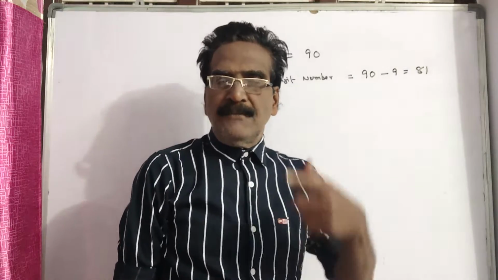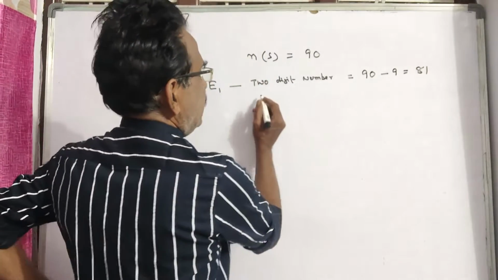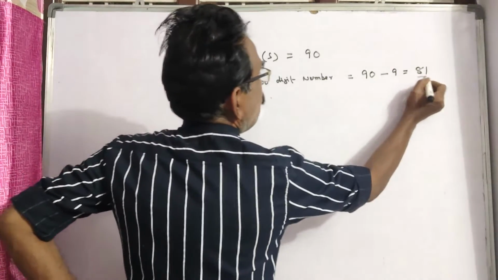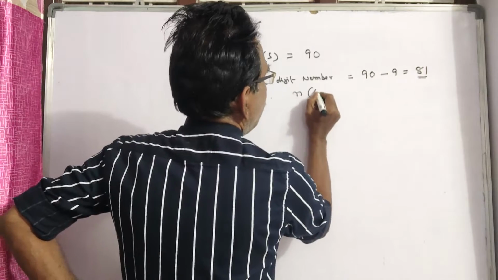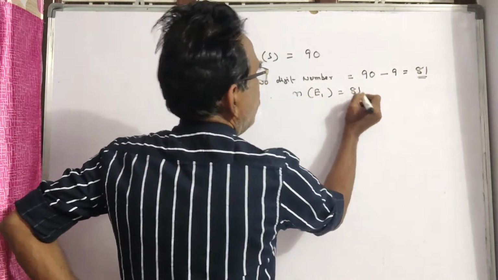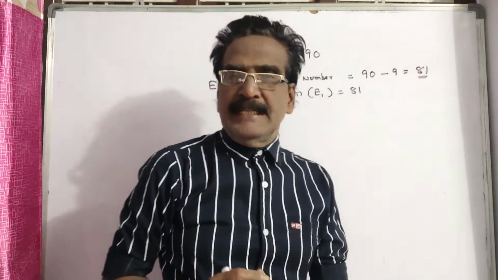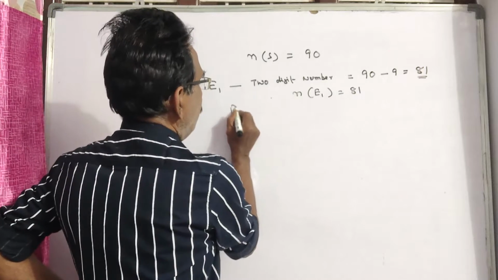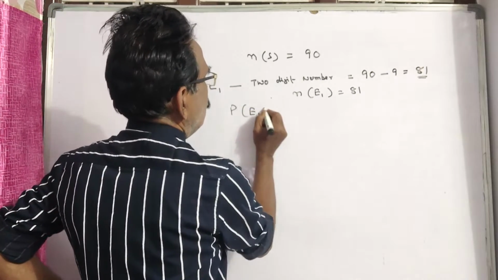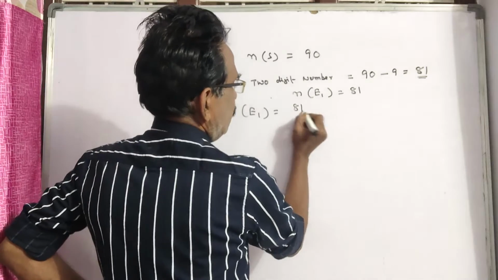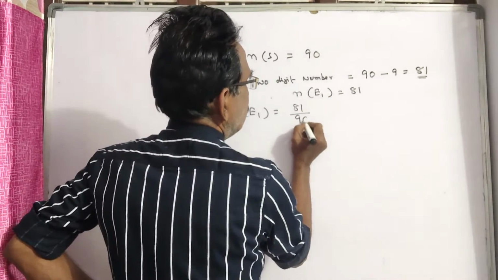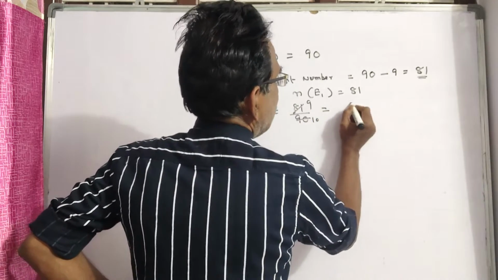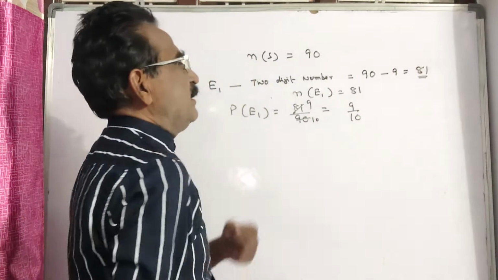Now the probability of getting a two-digit number, P of E1, is equal to 81 favorable outcomes by total number of outcomes 90, that is equal to 9 nines, 9 tens. 9 by 10 is the required probability.